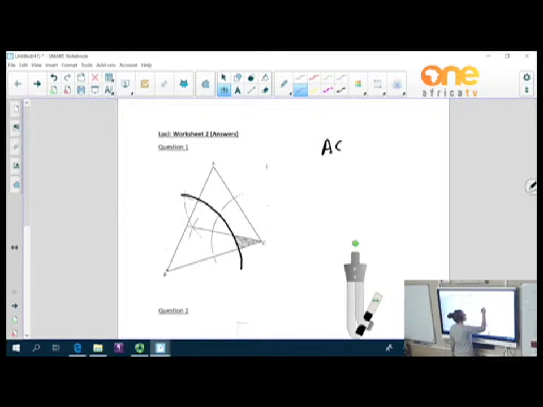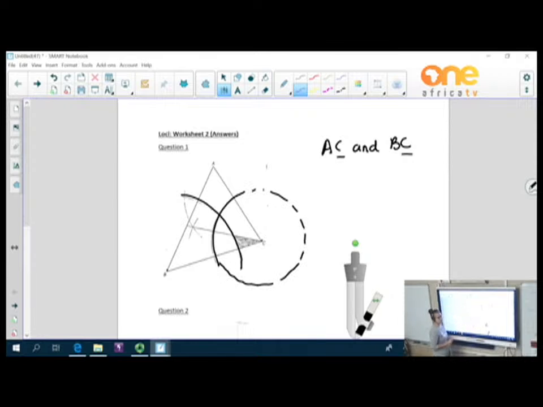So AC and BC, the C's are in both, so it will be from C, you will have your semicircle or your circle. Remember, C is also a point, and with points you need circles, but you don't have to draw that.